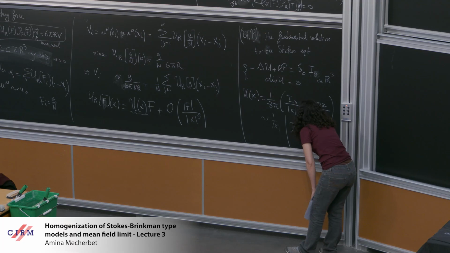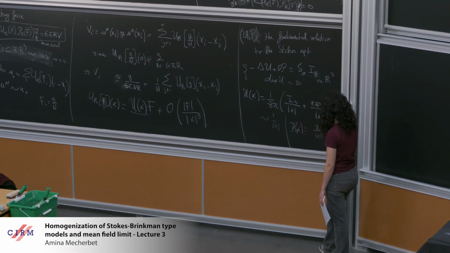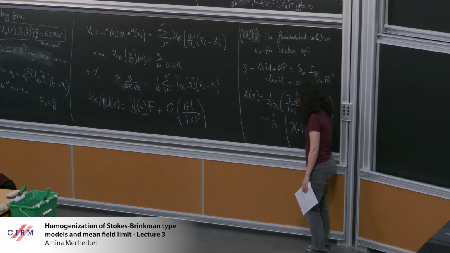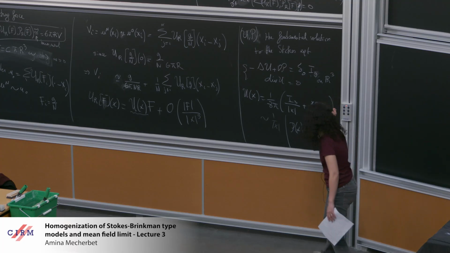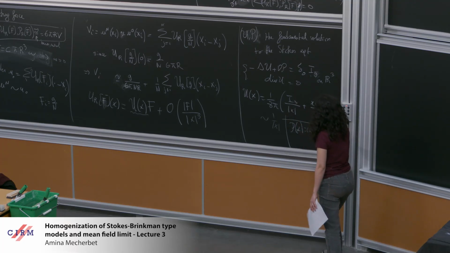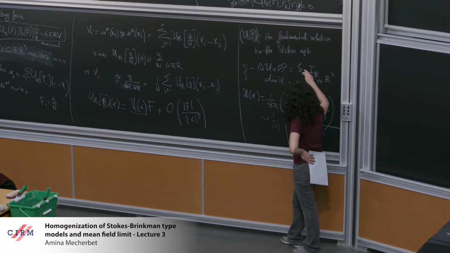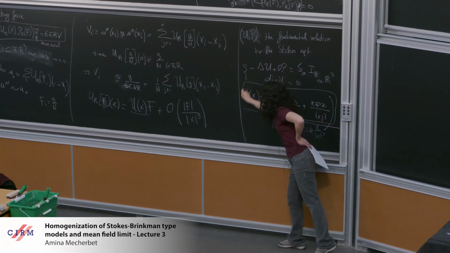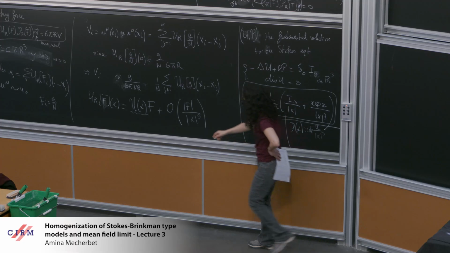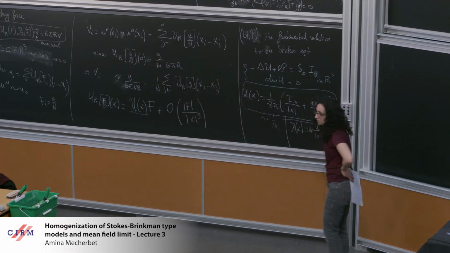It should be proportional to the gradient of this velocity, something like this with some constant here. But since we don't care about pressure, maybe I should precise: U is a matrix, P is a vector, so that this is a matrix and it's equal to I3, which is a matrix. And this is the explicit formula. As you can see, this gives you a vector, right? So F is a vector.